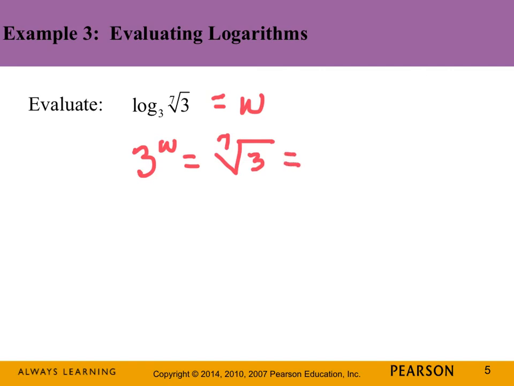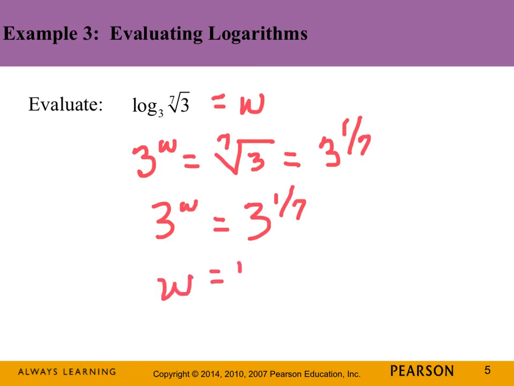Isn't that 3 to the 1/7 power? Oh, it certainly is. So we can really say 3 to the w power equals 3 to the 1/7 power. Makes it pretty easy to see now that w equals 1/7. So log base 3 of the 7th root of 3 equals 1/7.